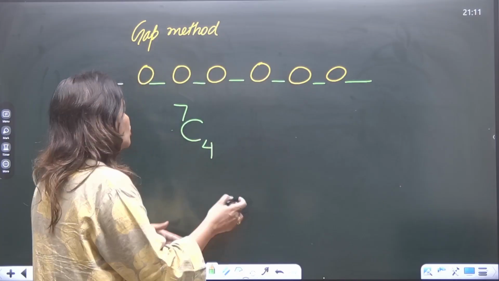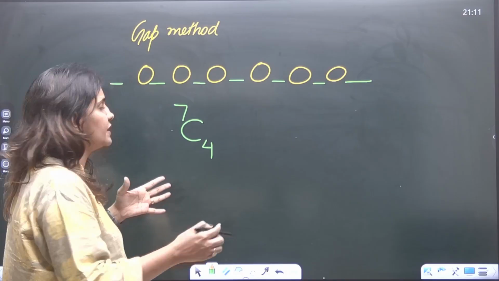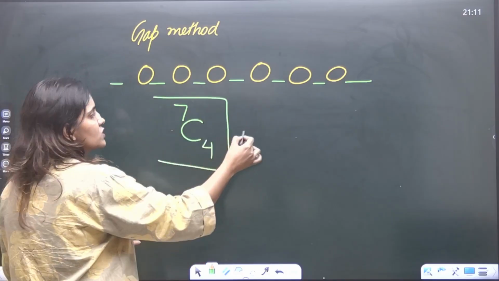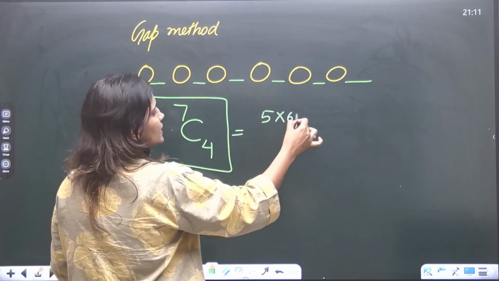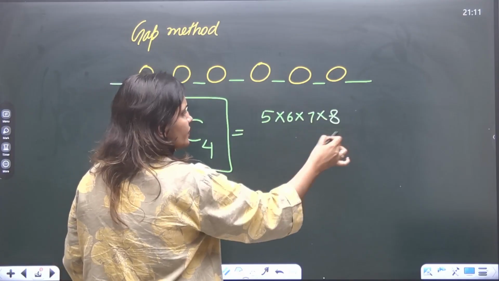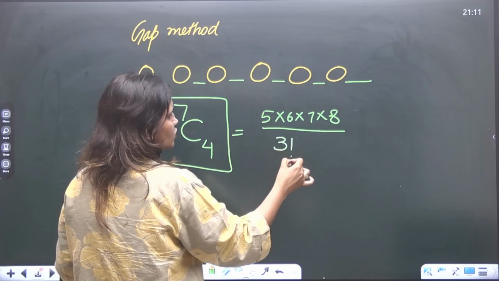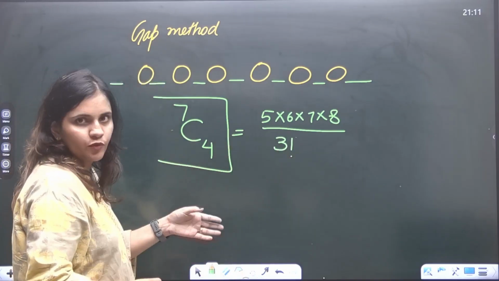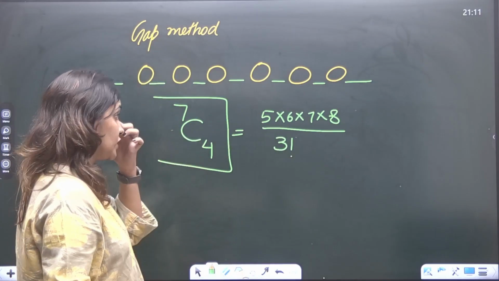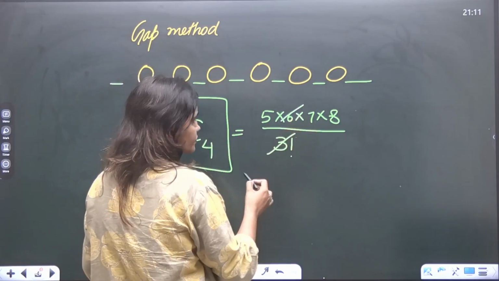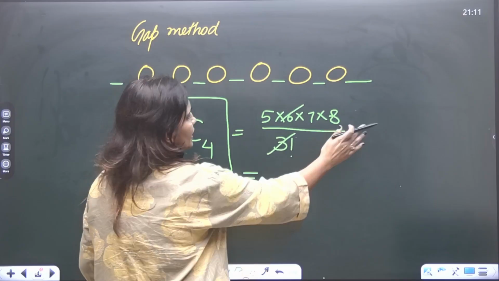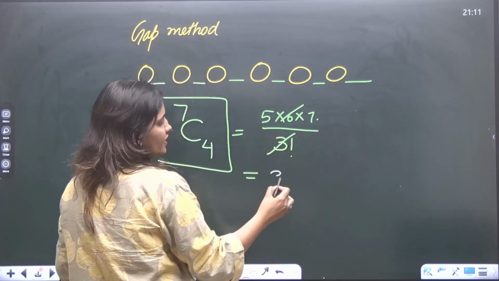If you want to write it, this is our answer. So this will end up in 5 into 6 into 7 into 8 divided by 3 factorial. I've cancelled 4 factorial with 7 factorial, and this is 6. So this is 7, not 8, sorry. So 7 into 5 is 35 ways.